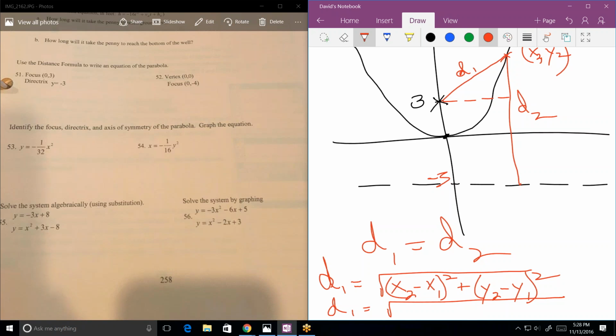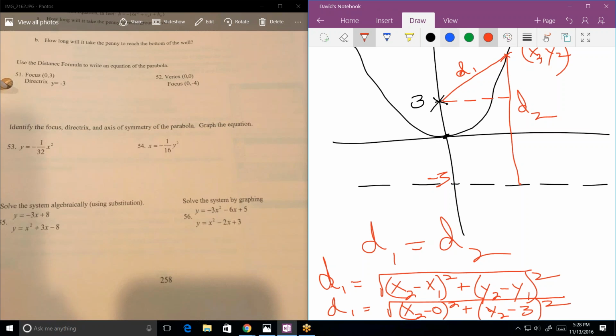What's the x coordinate of this point that we're going to? It's 0. So it's x sub 2 minus 0, and we're going to square that, plus y sub 2 minus the y coordinate of the focus, which is 3. So that's what that distance is.